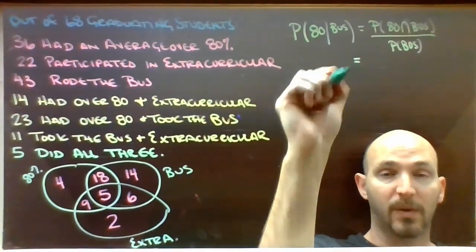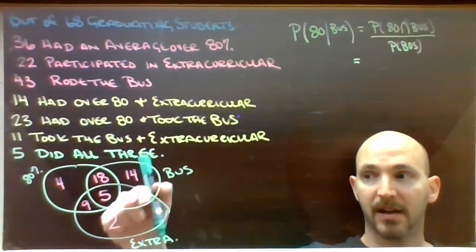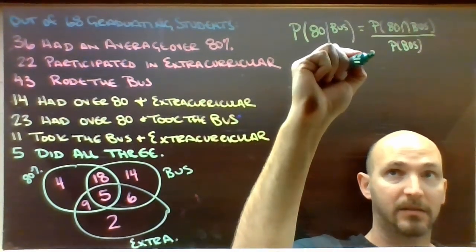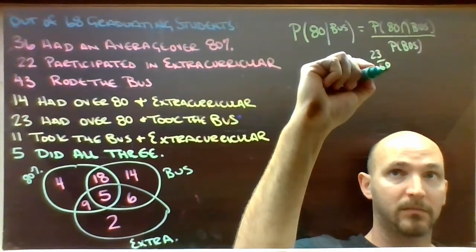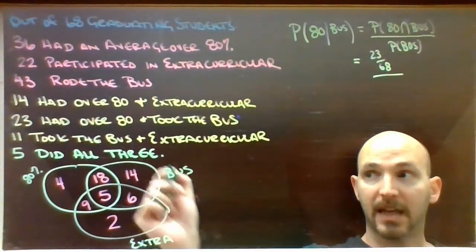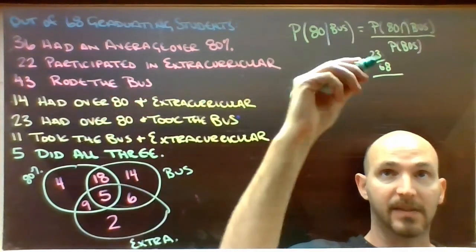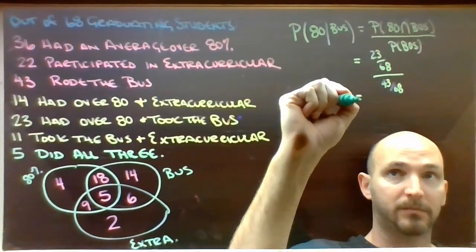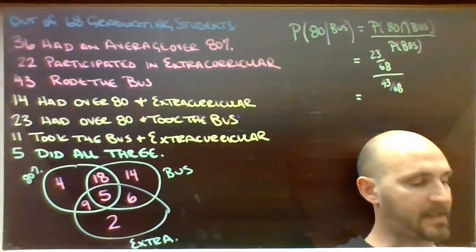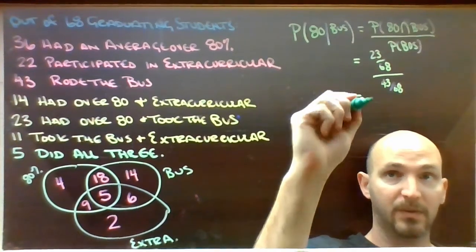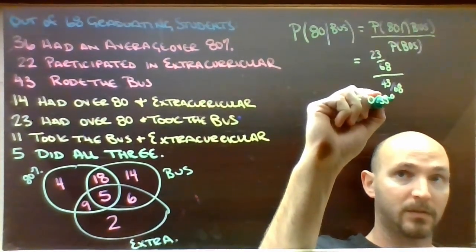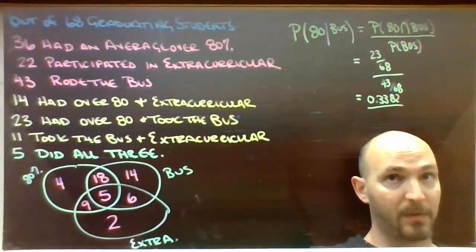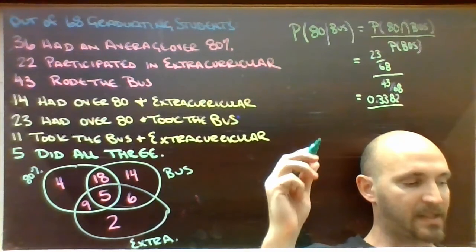So if we just run quick through that calculation, 80 and a bus would be 23 out of 68. Probability of taking a bus was 43 out of 68. 23 divided by 68 is 0.3382. 43 out of 68 is 0.6324.